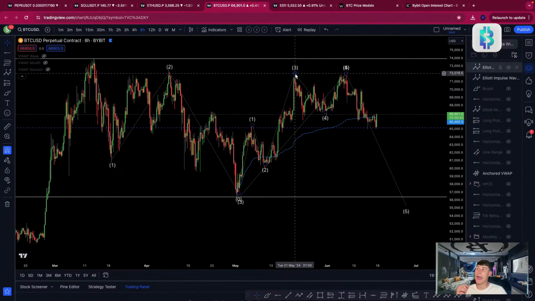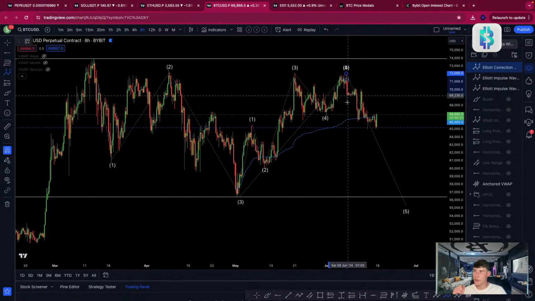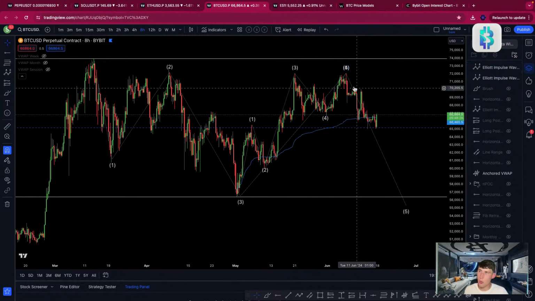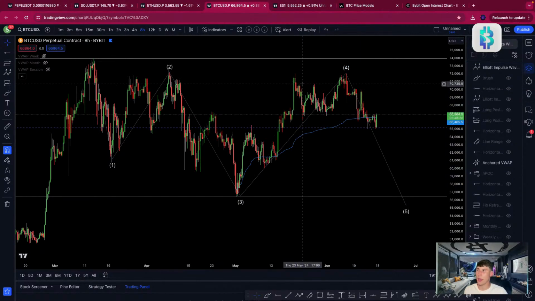Because we did get a slight move above wave 3, the end of wave 3. And then what have we seen ever since that? We've seen an ABC correction. So we know how many times these Elliott wave counts play out.